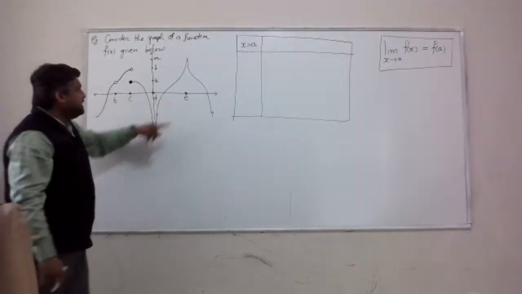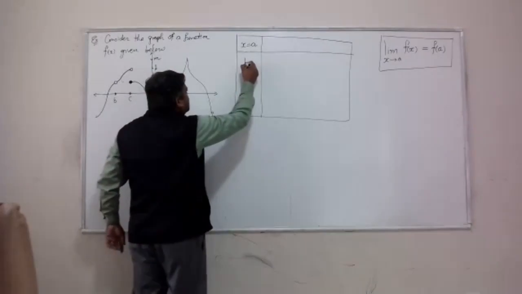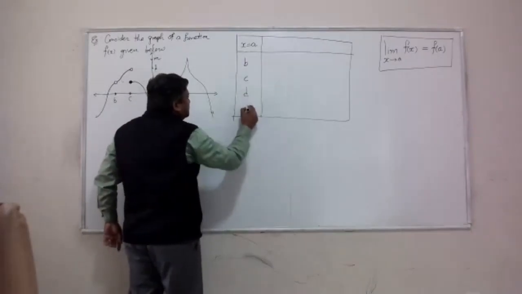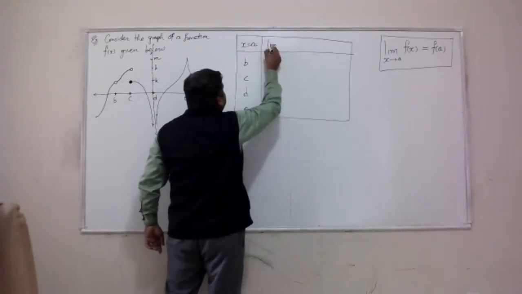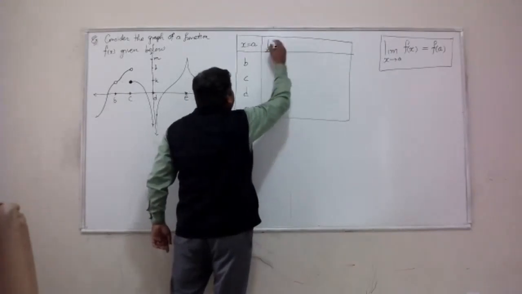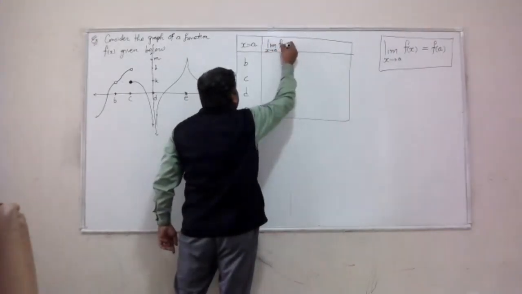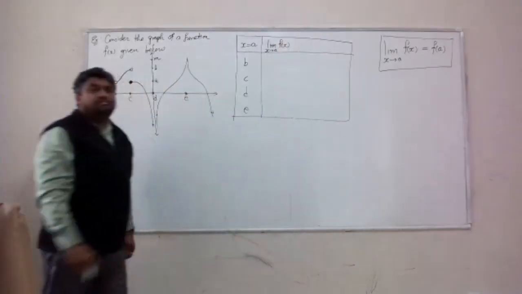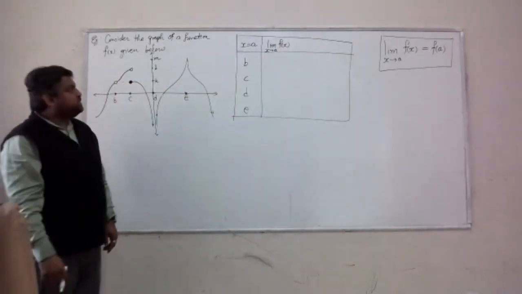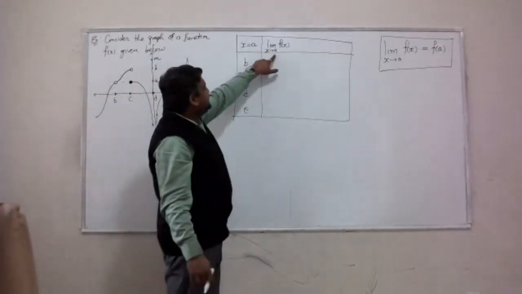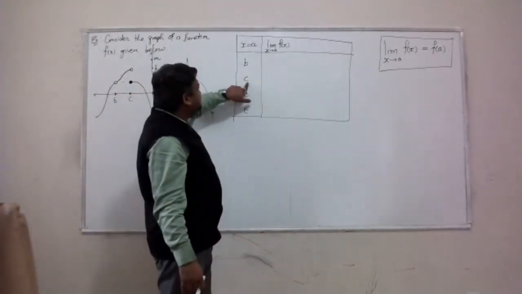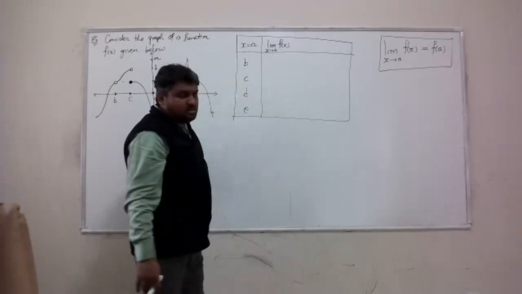Input B, C, D, and E. All right. The first thing I would like to observe is what is the prediction of my function as x approaches to a, where my function should go when x is near B, when x is near C, D, and E.